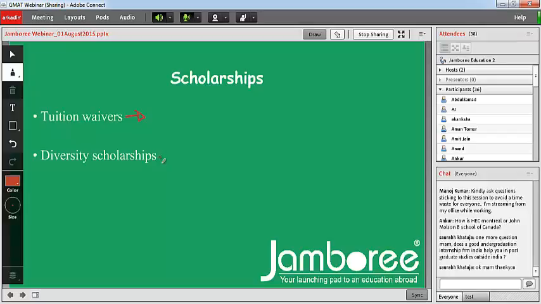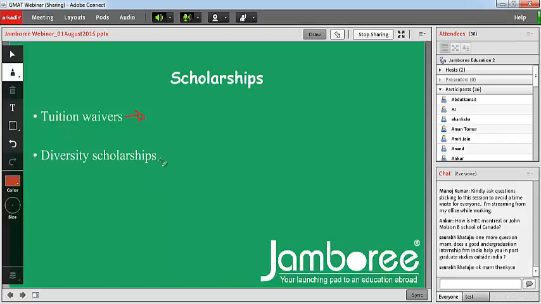So there is not much diversity angle there. But there are some universities like Carnegie Mellon where they have diversity scholarships for women candidates. So keep on the lookout for that. If I see some ladies today online, some universities give diversity scholarships specifically to women. So it always helps to apply for these scholarships.